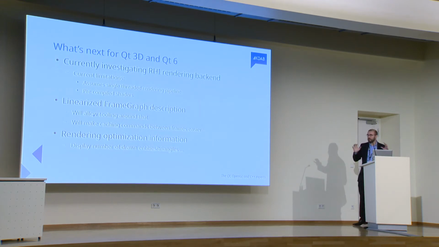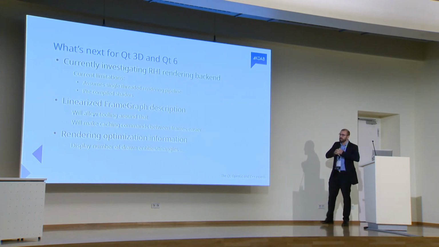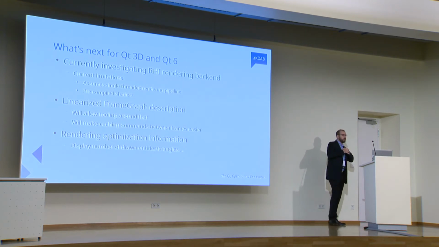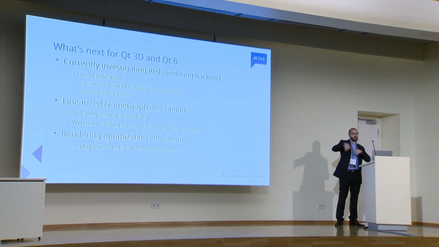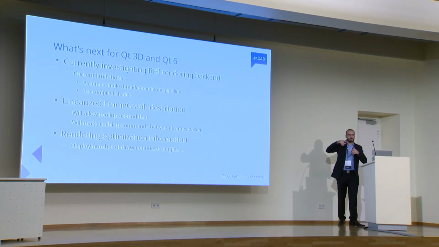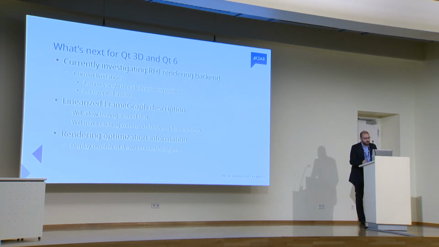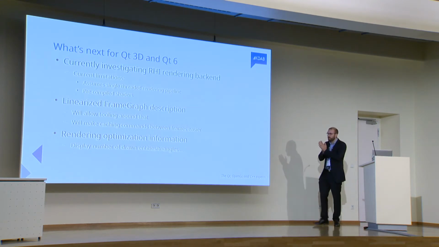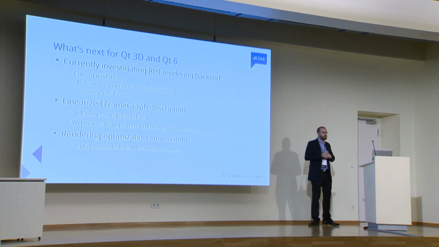It's nice. The only issue with that is that it's really hard for us to optimize that, because in order to know what you want to render, we need to traverse that entire tree. And the other disadvantage is that it makes tooling around that a bit difficult to implement. So what we're thinking about is having still a frame graph, but having a linearized description.